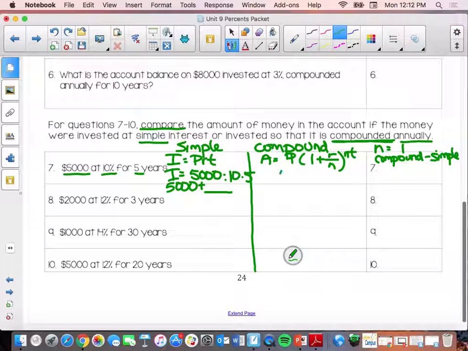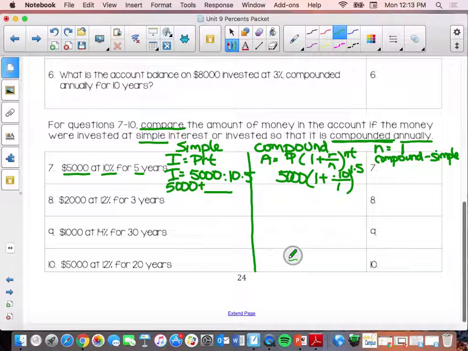So 5,000 times 1 plus 0.10 divided by 1 this time, because we said n is just going to be 1, to the 1 times 5, or just to the 5th power. Compare these two rates, and you should find that, let's see, for just the $5,000 times 0.1 times 5, that's $2,500.